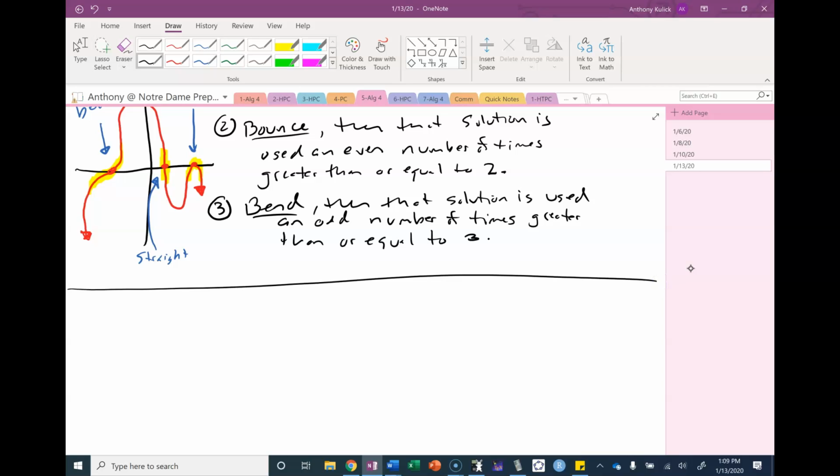All right, our last 2 theorems for today. The first one is the irrational conjugates theorem.